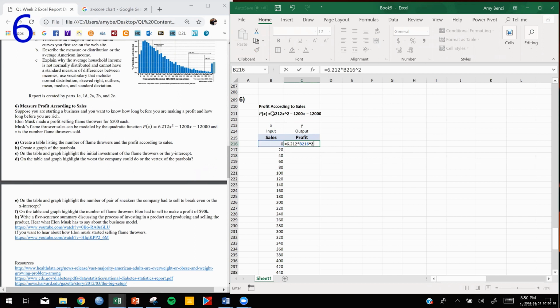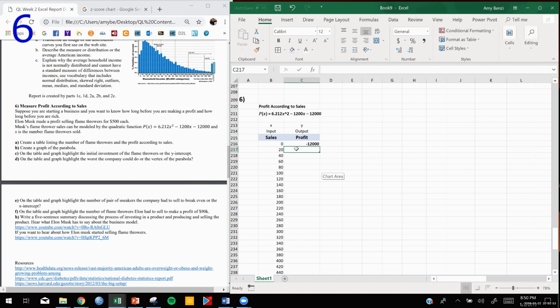So here I have exactly the same thing we have here, 6.212 times X squared. That's what this says. Minus 1,200 times X. And again, X is this 0 right here. Minus 12,000. All right, I'm going to press enter. Does everybody see what I have here?